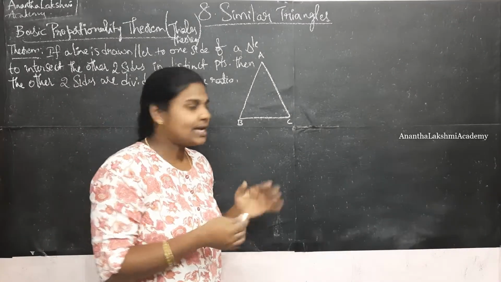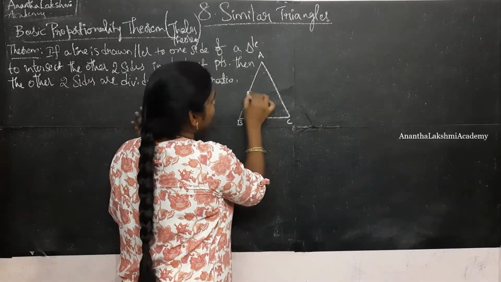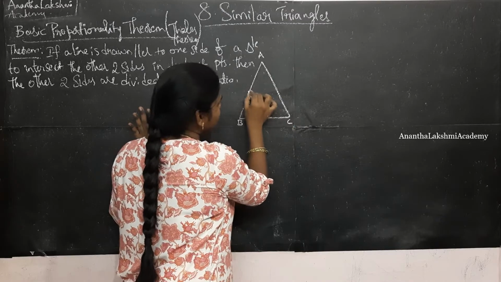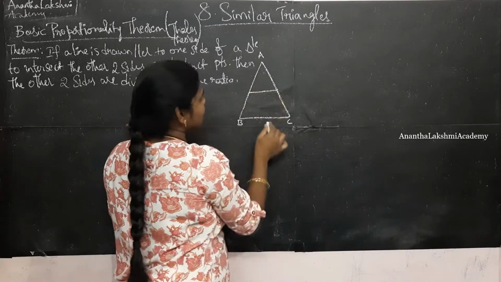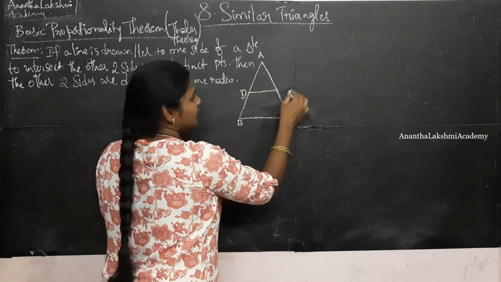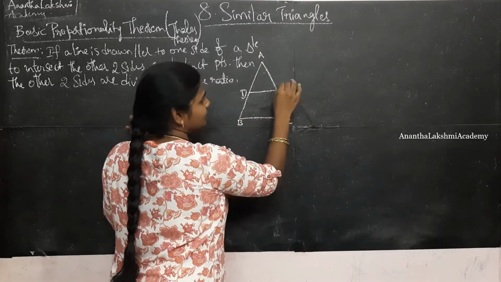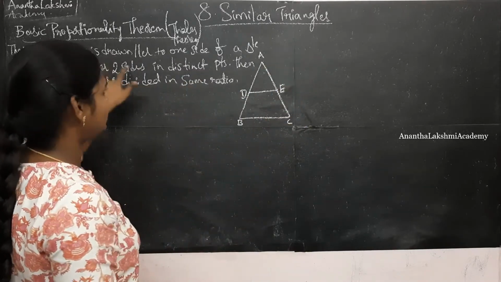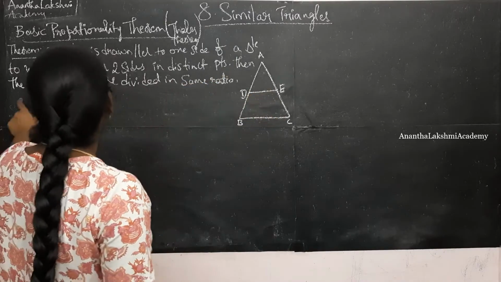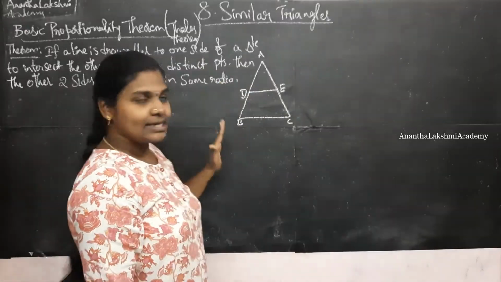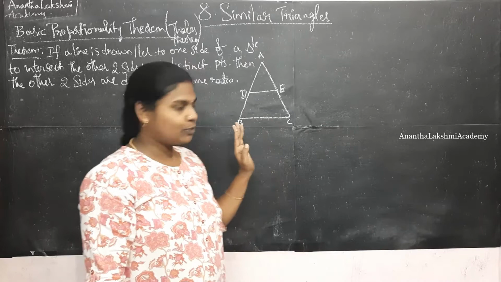So let me draw the diagram. Let me draw a line parallel to BC, which intersects AB at D and AC at E. Okay, that is what it is said. Two sides in distinct points. Then the other two sides are divided in the same ratio. That is what we are supposed to prove.